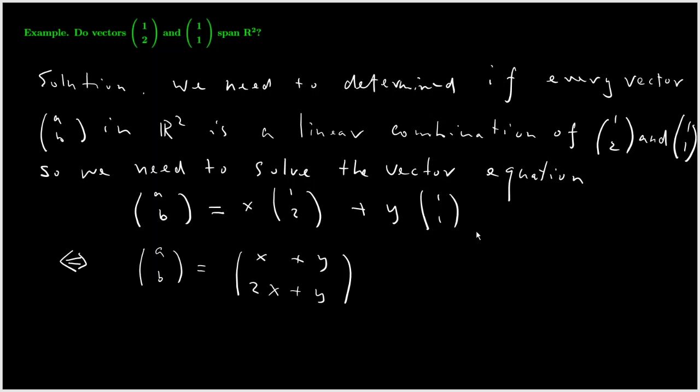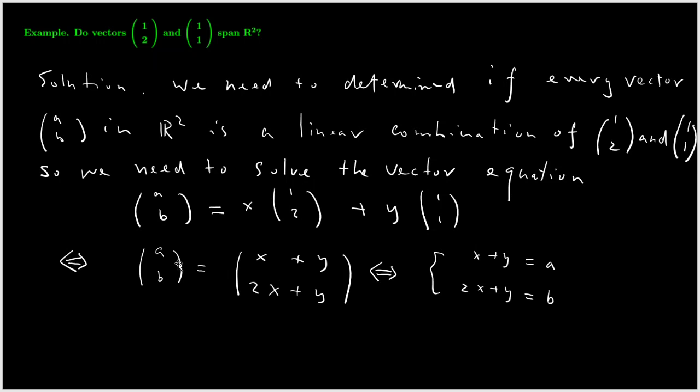So this vector equation is actually equivalent to a system of two linear equations in two unknowns. The first equation is x plus y equals a. The second equation is 2x plus y equals b.